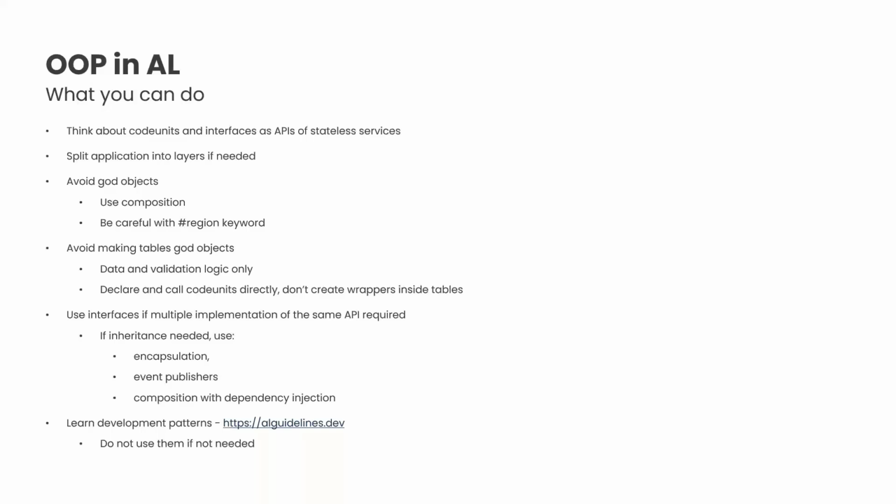You put a code unit as a facade, and then you have the implementation somewhere else. But if you are always doing a facade and the implementation behind, the question is, are you not over-engineering it? Do you need a facade?